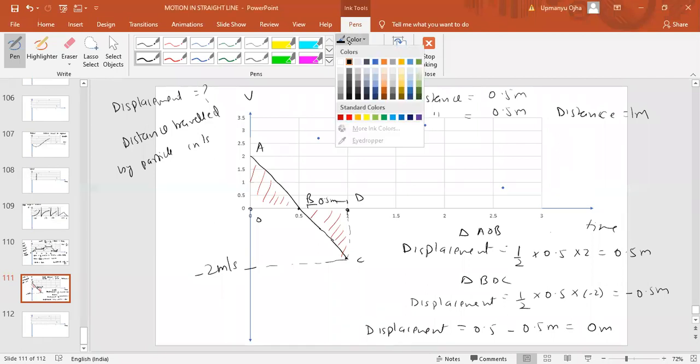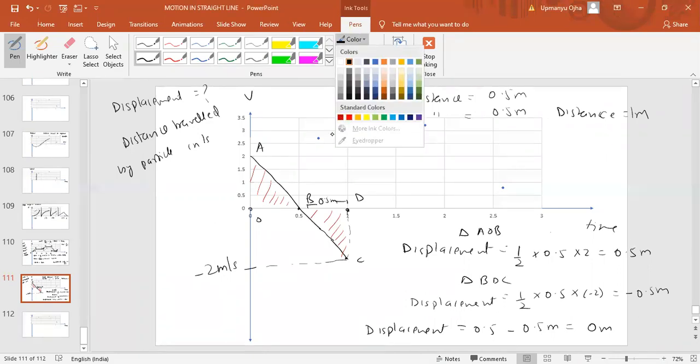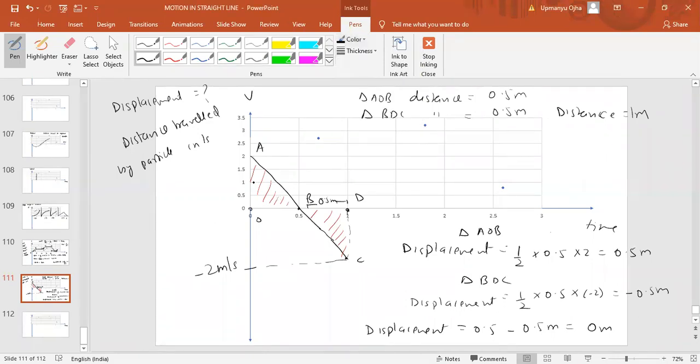We have to take the angle theta here. Now here the angle theta will be negative, because theta should always start from this, which will be 90 minus theta, which means negative here.